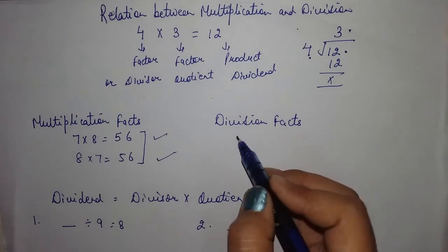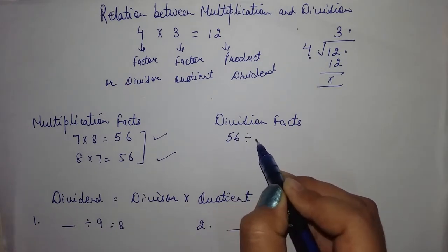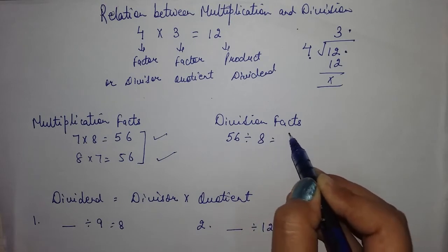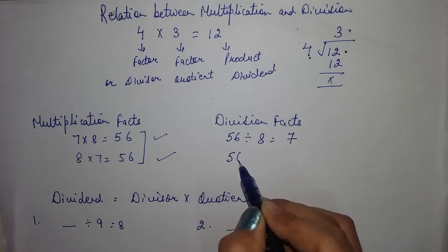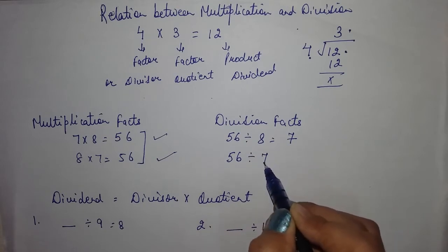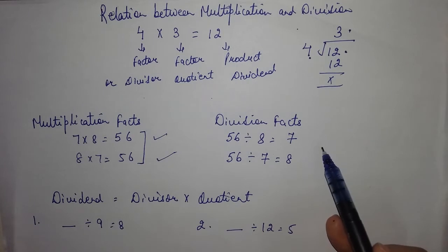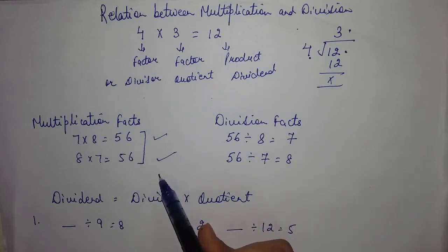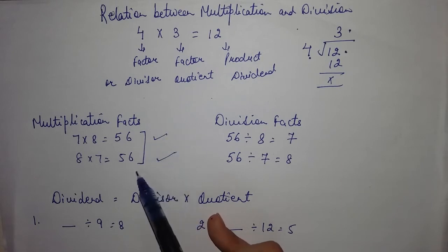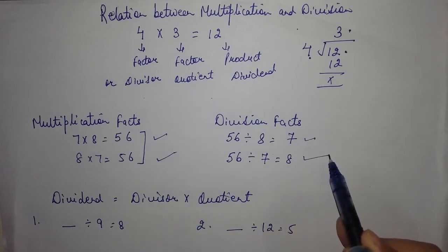From here you can write 56 divided by 8 equals 7, and here you can write 56 divided by 7 equals 8. So from the division statements, multiplication statements can be derived, and from the multiplication statements you can derive the division statements.